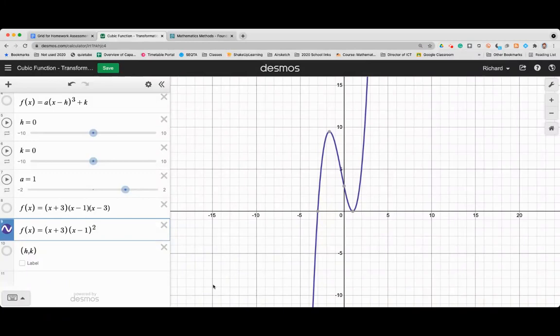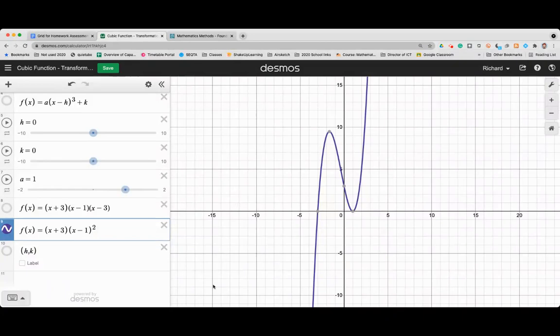Okay, so dominant term says, have a look at the highest power of x, in this case x cubed, and then say, what is its behavior? And if the behavior when x is negative is that this will be negative, then we know the graph's going to start here. And we know that it's going to end diagonally opposite.